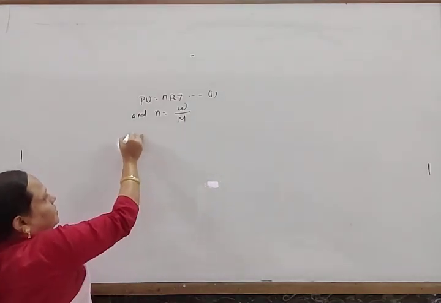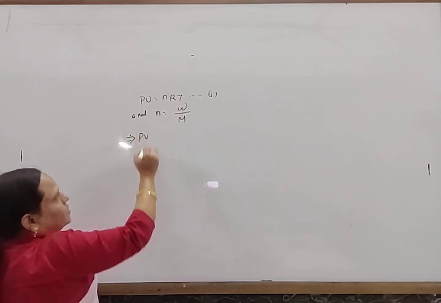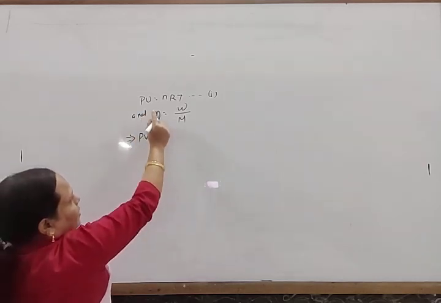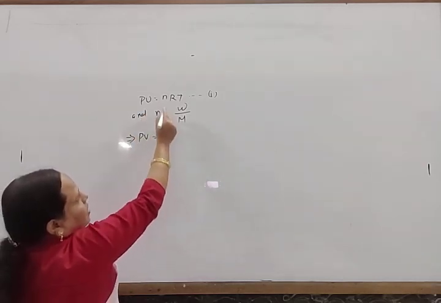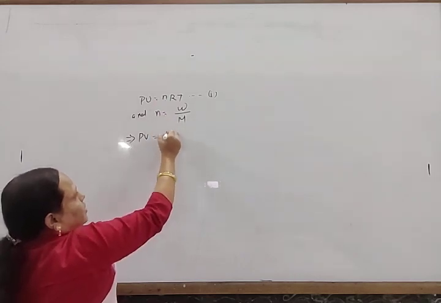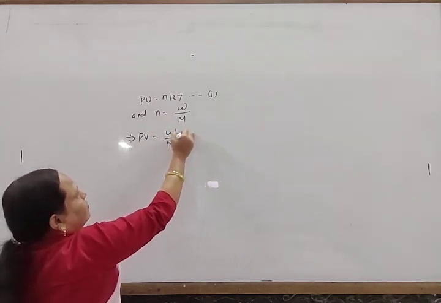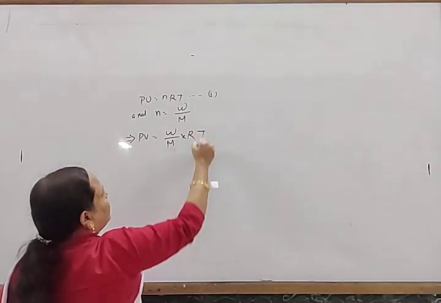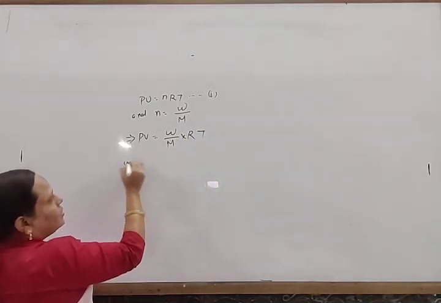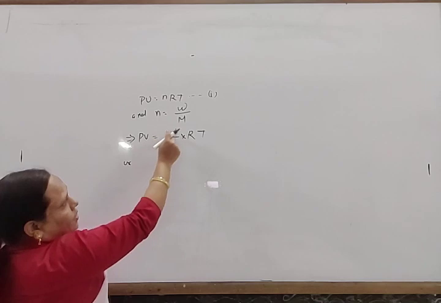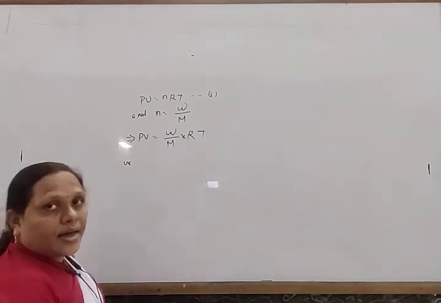Then we get PV, substituting the value of n, is equal to W by M into R into T.